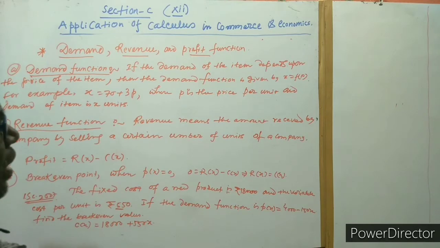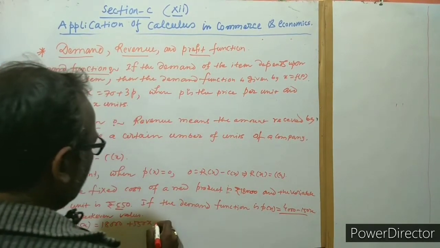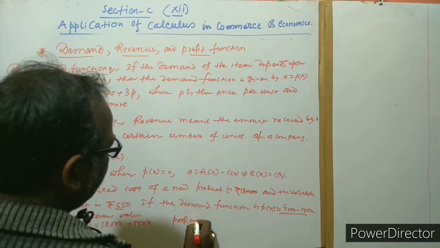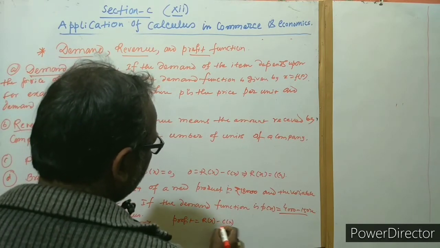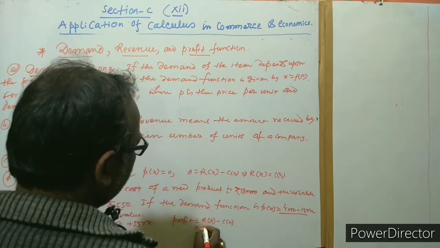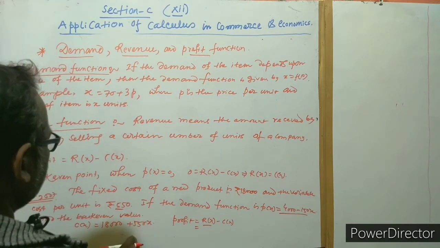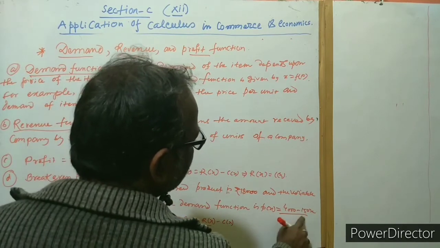And also the demand function is given. So the profit function: profit is equal to revenue minus C of x. Revenue is where P is the per unit price.